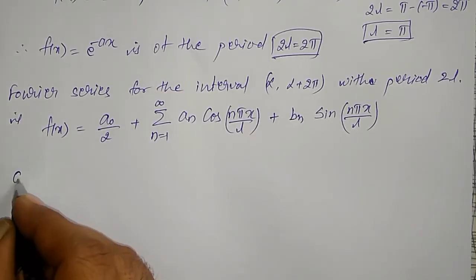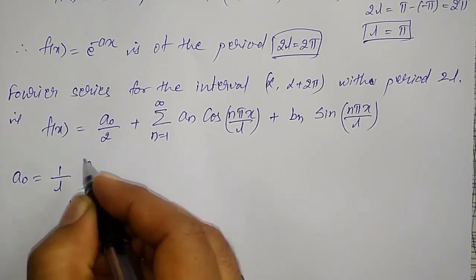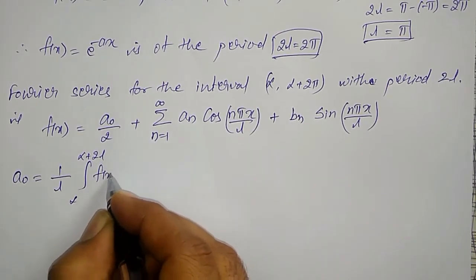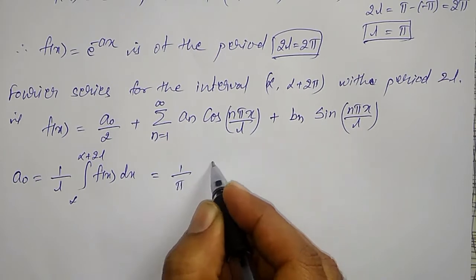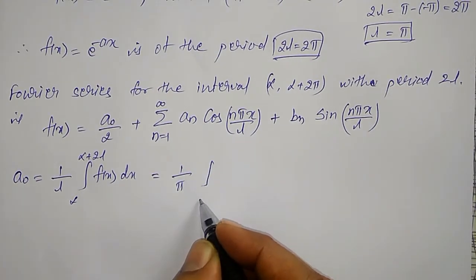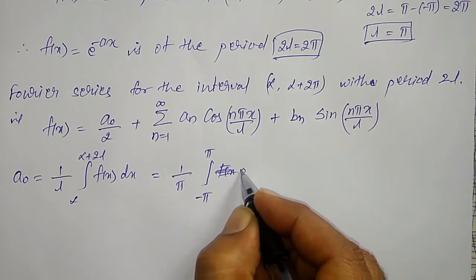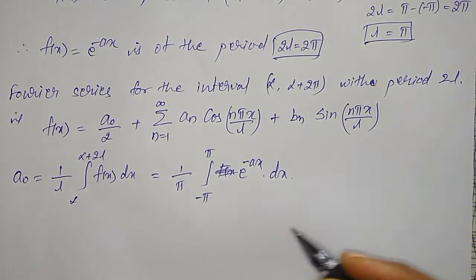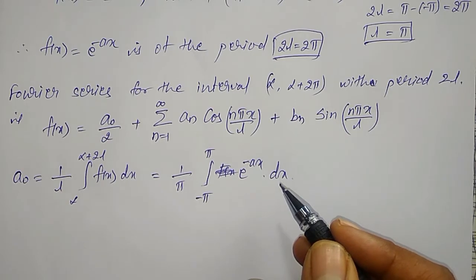Fourier coefficient a naught is equal to 1 by l integration from alpha to alpha plus 2l of f of x dx. Now 1 by pi integration from minus pi to plus pi, f of x is nothing but e to the power minus ax, dx. Now we can check whether e to the power minus ax over minus pi to plus pi is an even function or odd function.